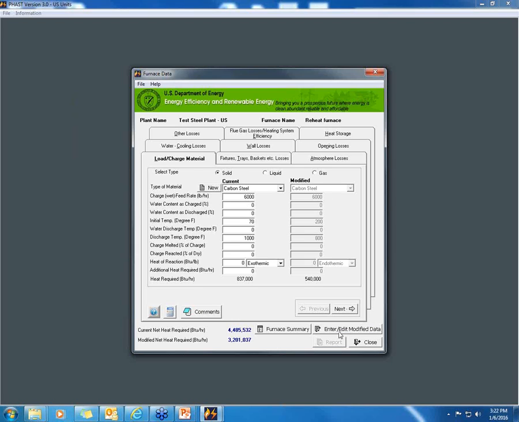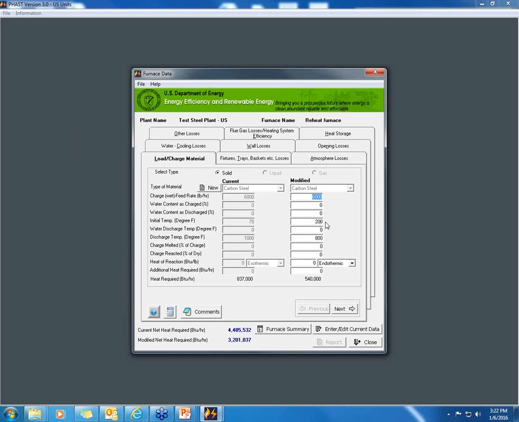To do that, there is a button called enter or edit modified data. Now you can modify basically what-if analysis. In this case, let's say 6,000 pounds per hour. Then let's say rather than cold charging, these billets are going in at 200 degrees Fahrenheit.